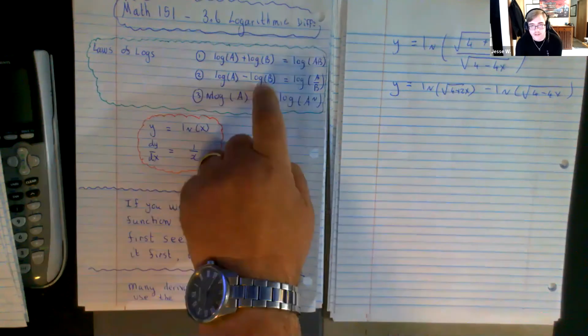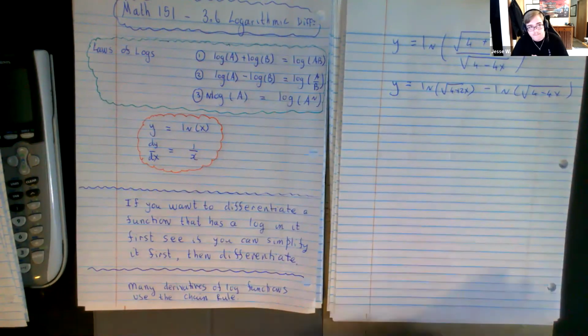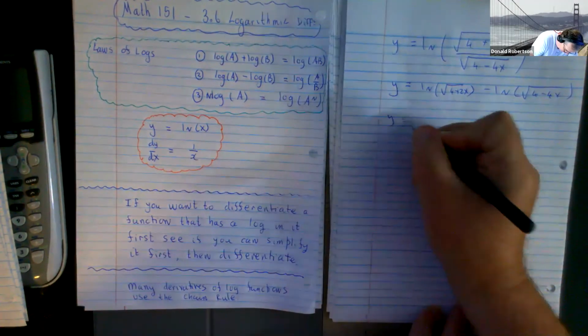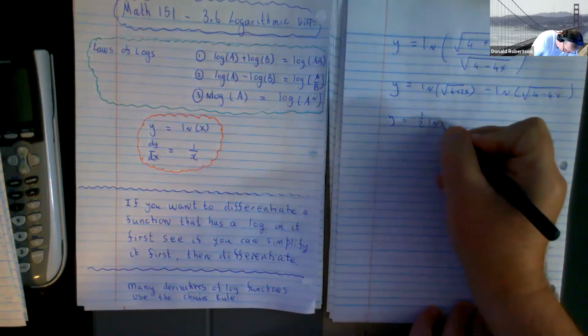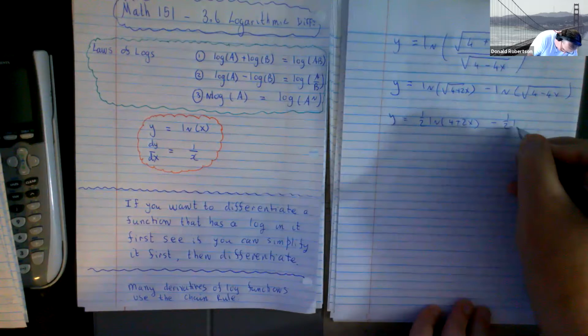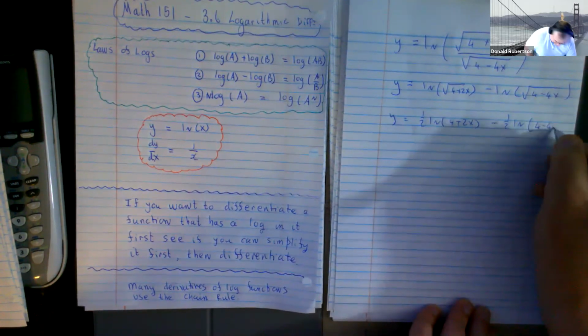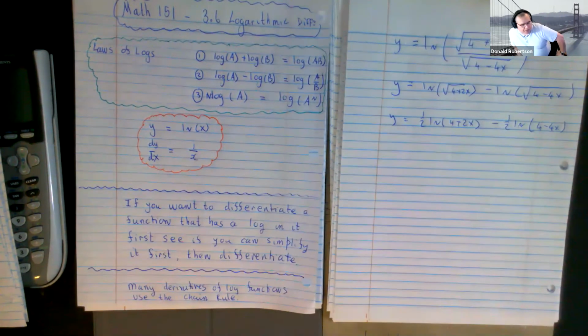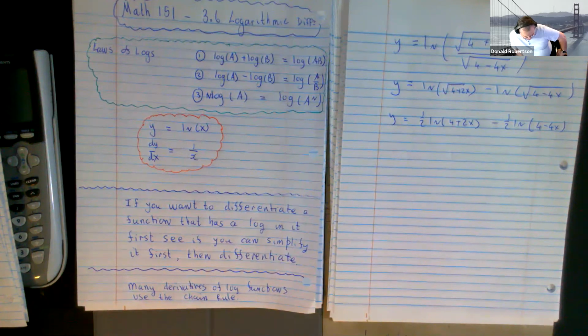Turn them into fractional powers and use rule 3. Okay, so a half power for that one and rule 3. Agreed. Okay, I think that's as good as that's going to get. Agreed. You can't really do much more now.